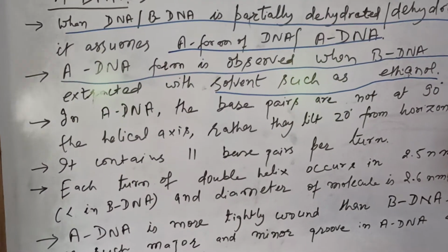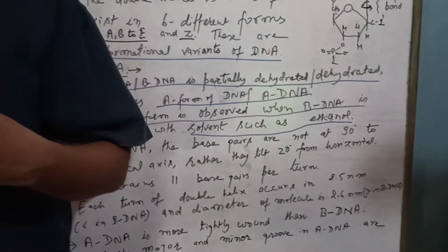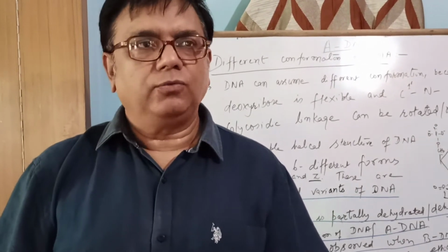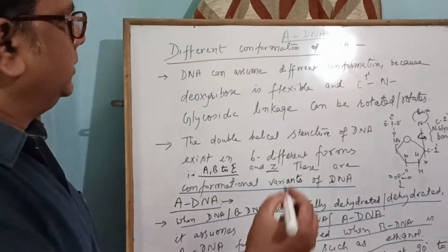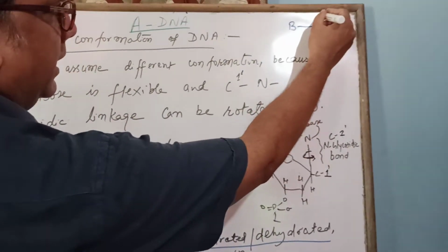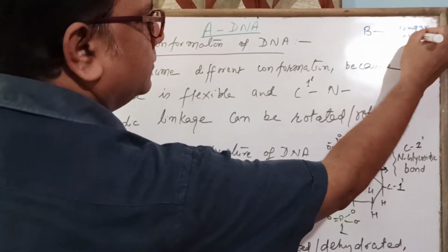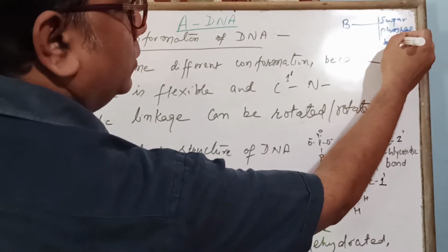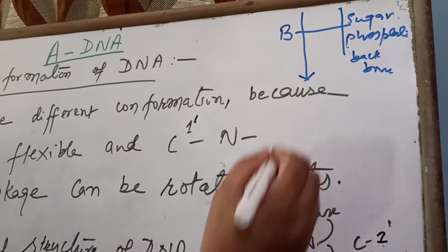Okay. Now, what are the consequences of the change in conformation? Suppose you have a base attached to the sugar phosphate backbone, and you have the axis of the helix.